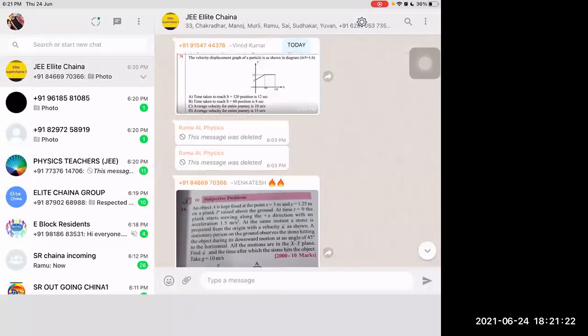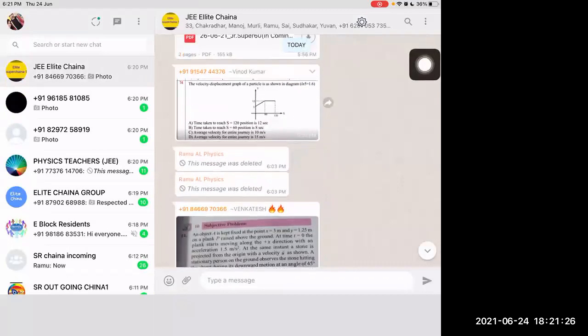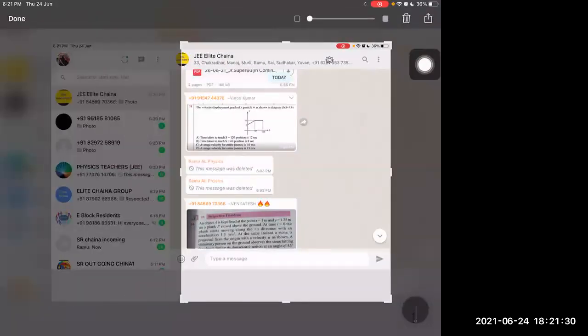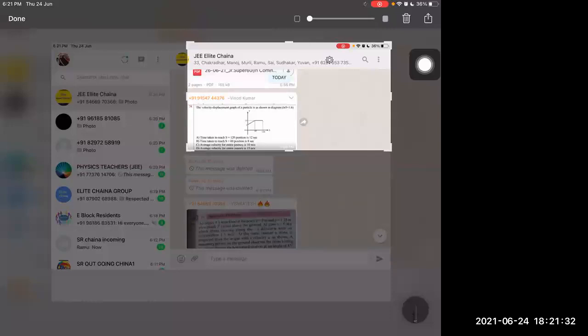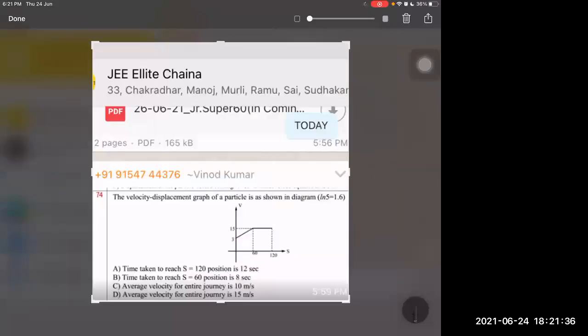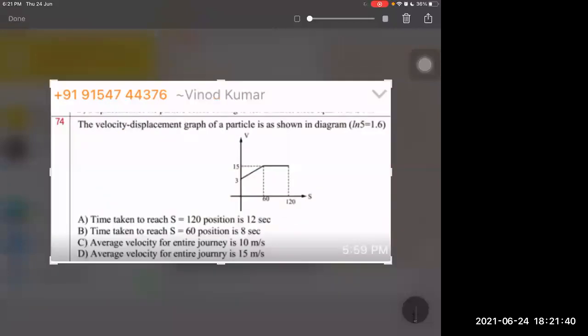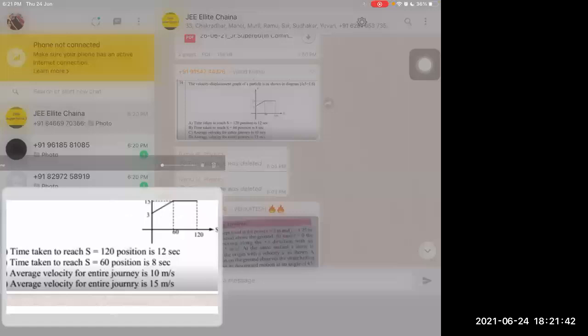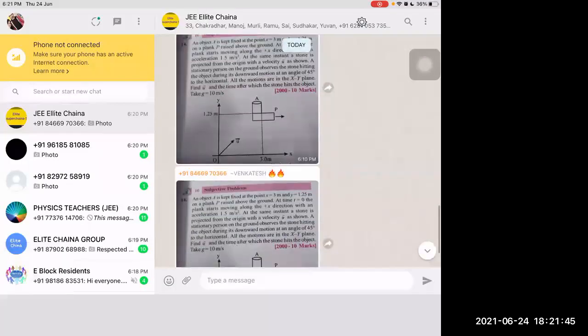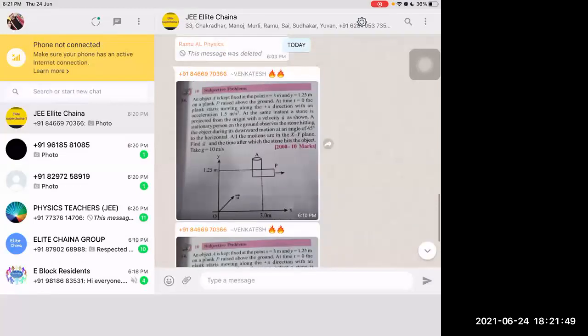Question number 14. Yes, sir. Sir, that one not a down question, sir. Okay, this is also a graph. We can take this one also. Okay, sir. Venkatesh. This one. Yes, sir. Okay. Although this is not for this, we cannot add.